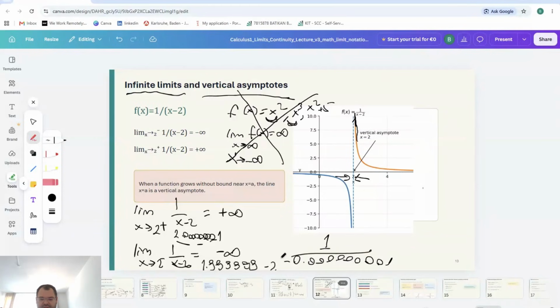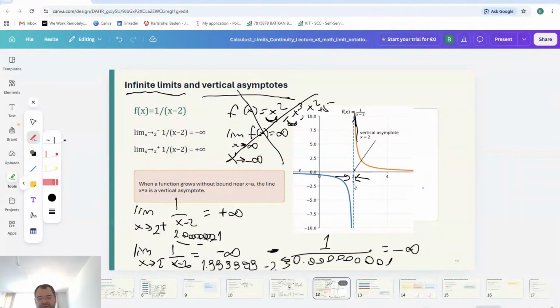This is a very small positive number converted to a very big positive number, and times minus 1, you end up with a very big negative number, which is going to minus infinity. So this is a vertical asymptote. This is the behavior of a vertical asymptote.